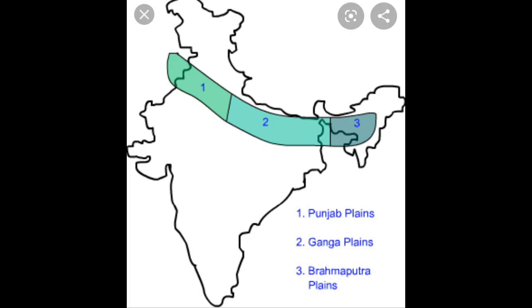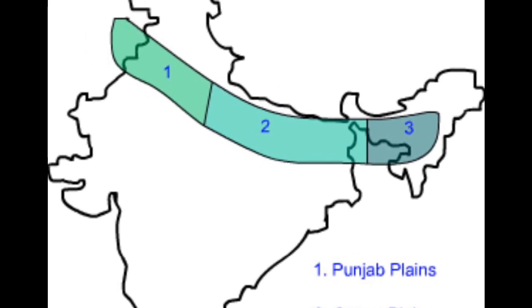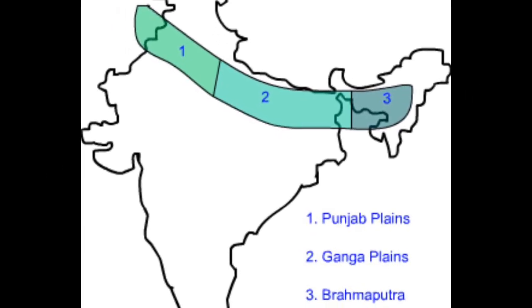The large part of the Punjab plain lies in Pakistan. On your screen you are seeing point number 1, number 2, and number 3. Number 1 represents the Punjab plain, number 2 represents the Ganga plain, and number 3 represents the Brahmaputra plain.